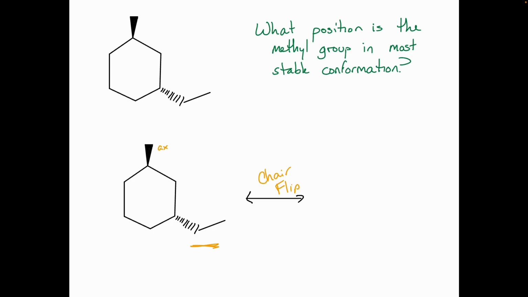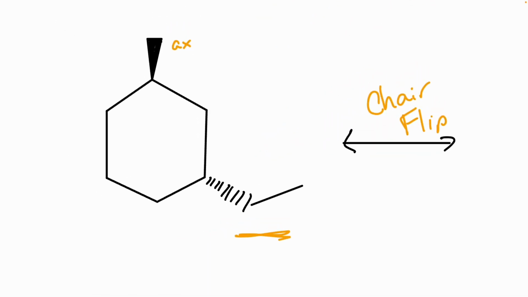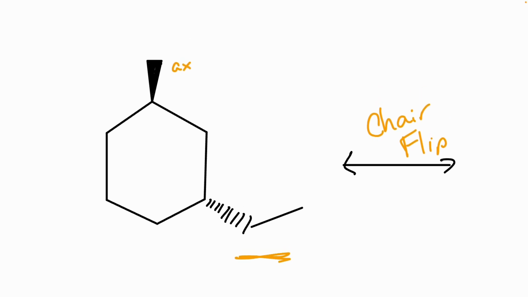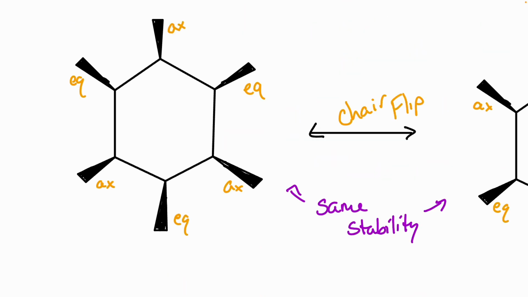All right, so if we said that this methyl group was in the axial position, what would the ethyl group be in? Let's think back to our example here.